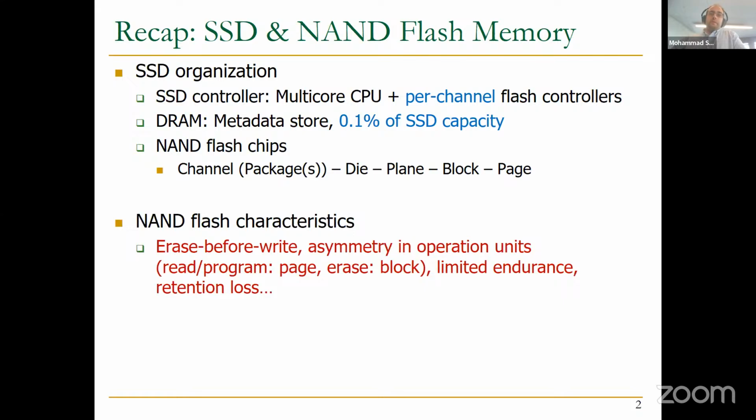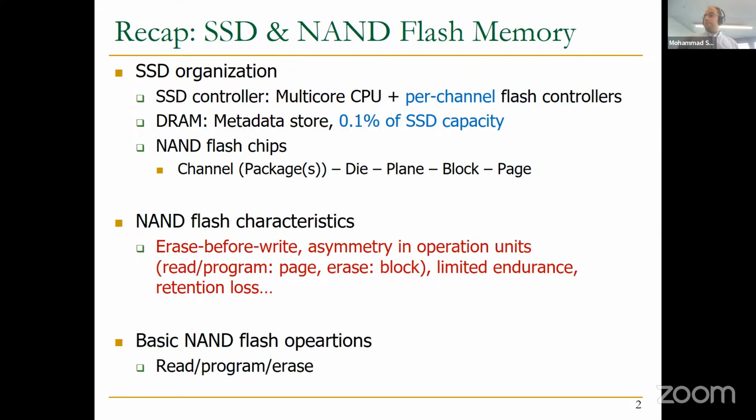We also discussed some unique NAND flash characteristics like erase before write, and asymmetry in operation units: read and program are done at page size, while erase is done at block size. And NAND flash cells have limited endurance, and we have retention loss, and so on and so forth.